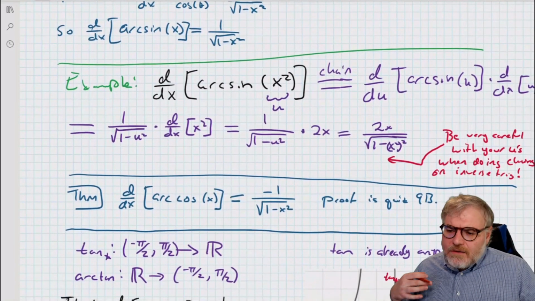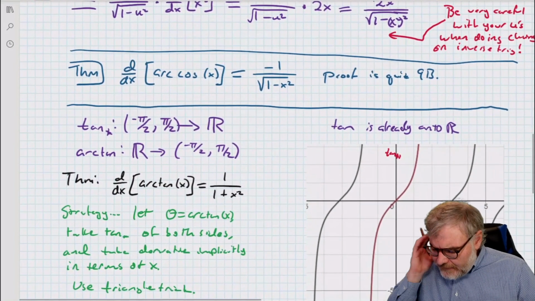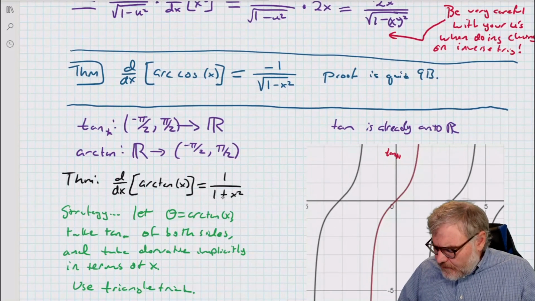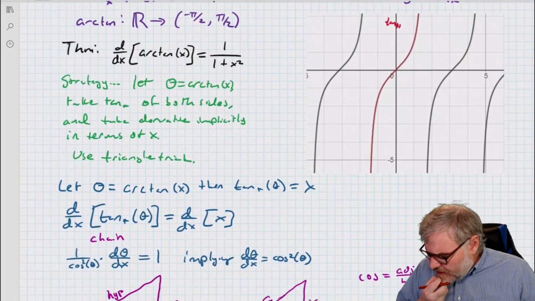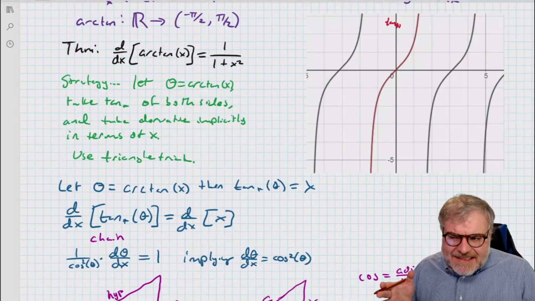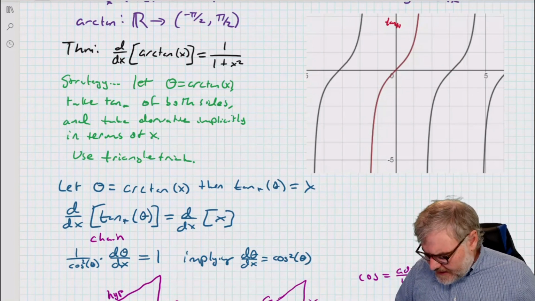Okay. Let's look at arctangent for a moment. The derivative of arctangent is 1 over 1 plus x squared. What I'm going to do is the same kind of setup, where I take tangent of both sides and then differentiate implicitly, but my triangle trick's going to be a bit different.